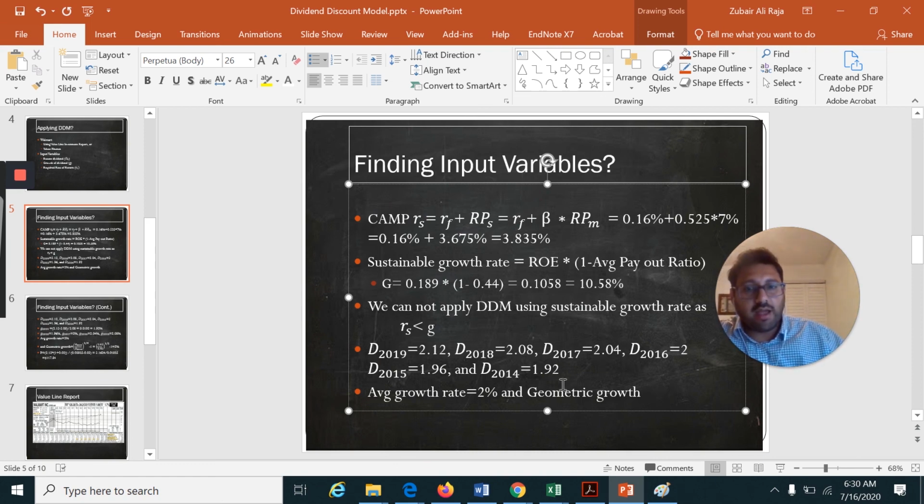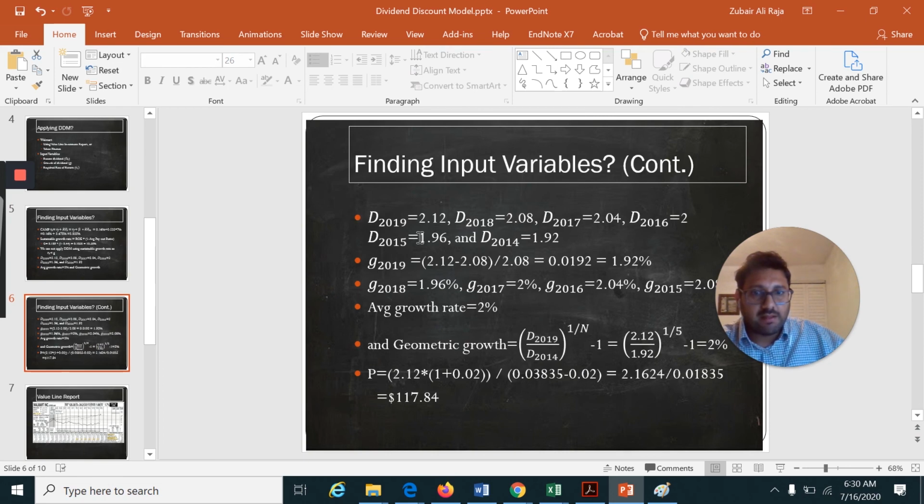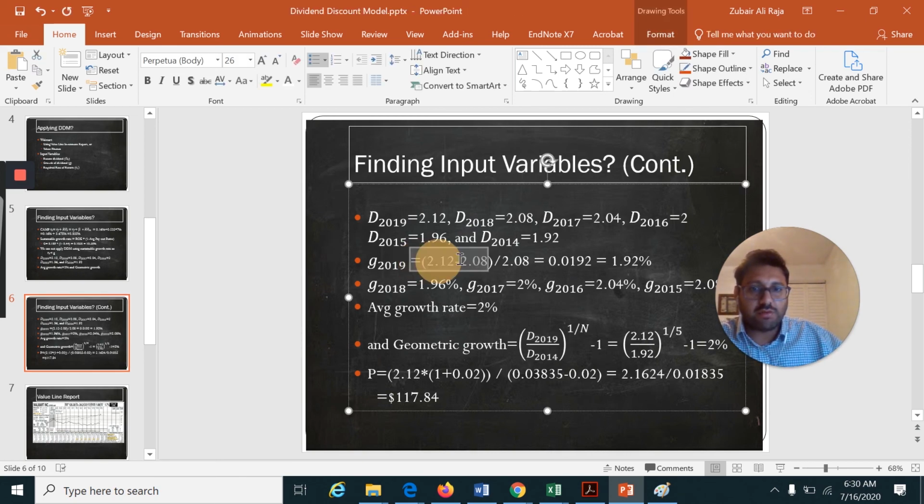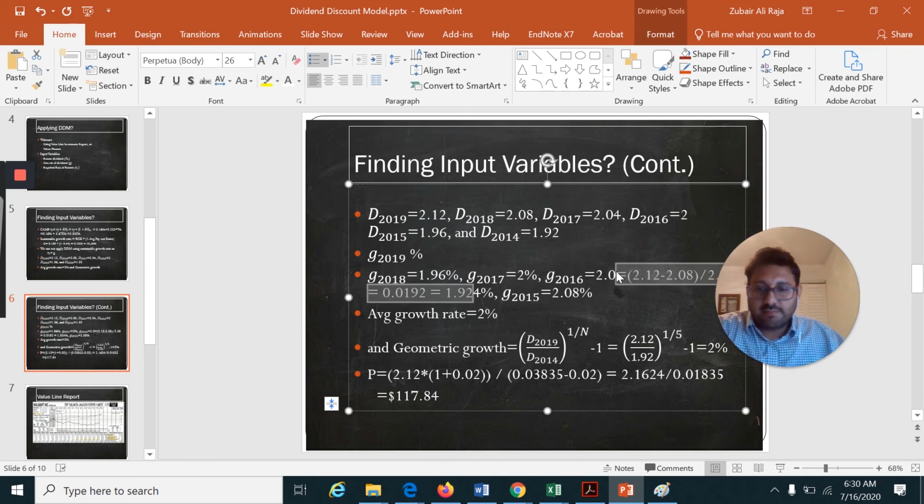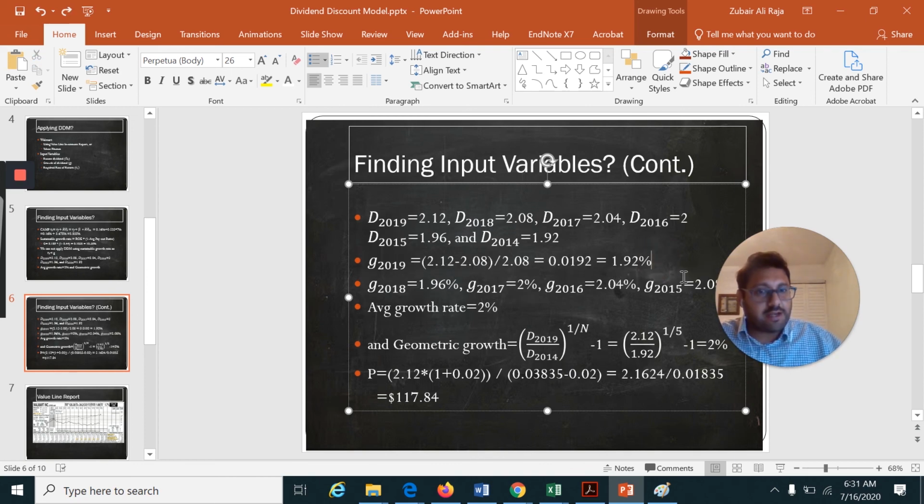So this is how I found that the growth rate is 2%. And how did I find that? Simply, in order to find the growth of 2019, you have to subtract the dividend of 2018 from 2019 and divide it by the dividend of 2018, like what I am doing over here. This will give you the growth rate of 2019, 1.92%.